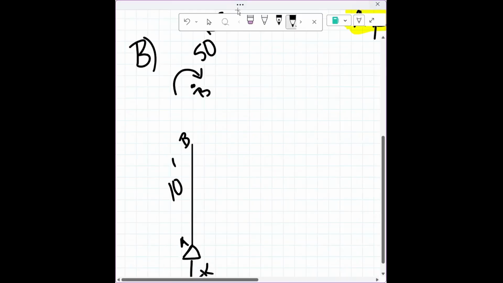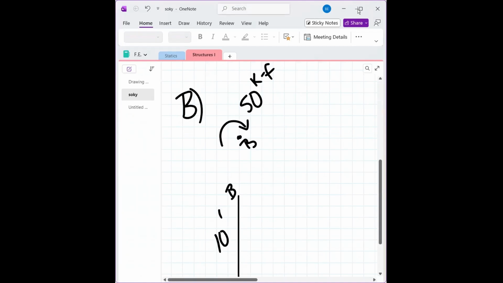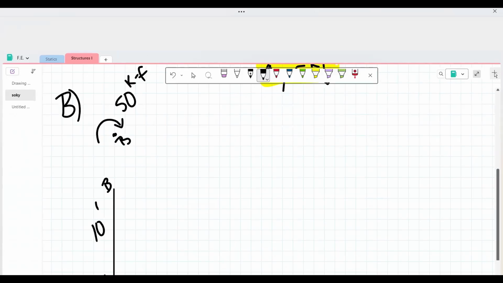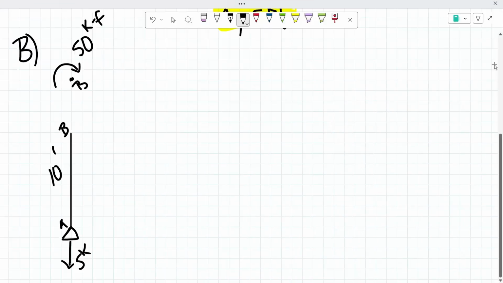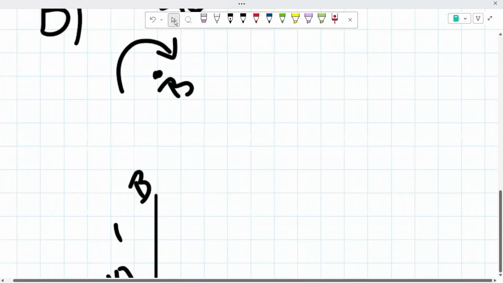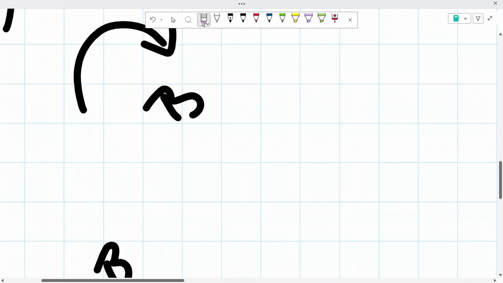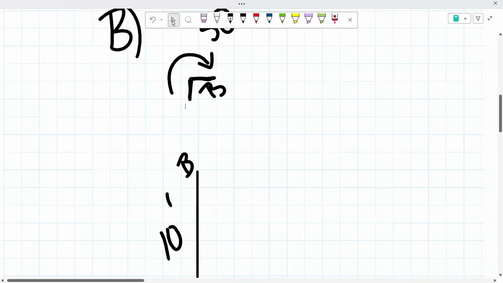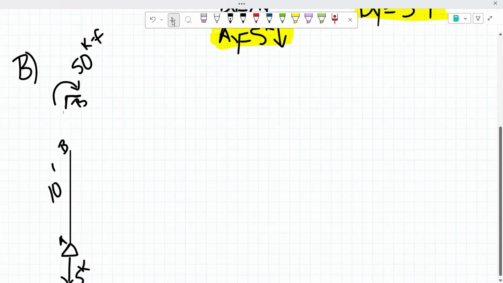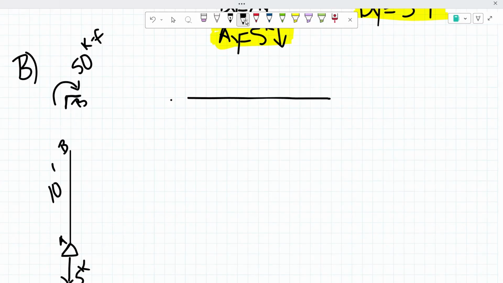50 kip feet. But instead of showing it as a point, I'm going to show it as that corner right there. Now that we know that, we can proceed to beam BC. This is beam BC right here.